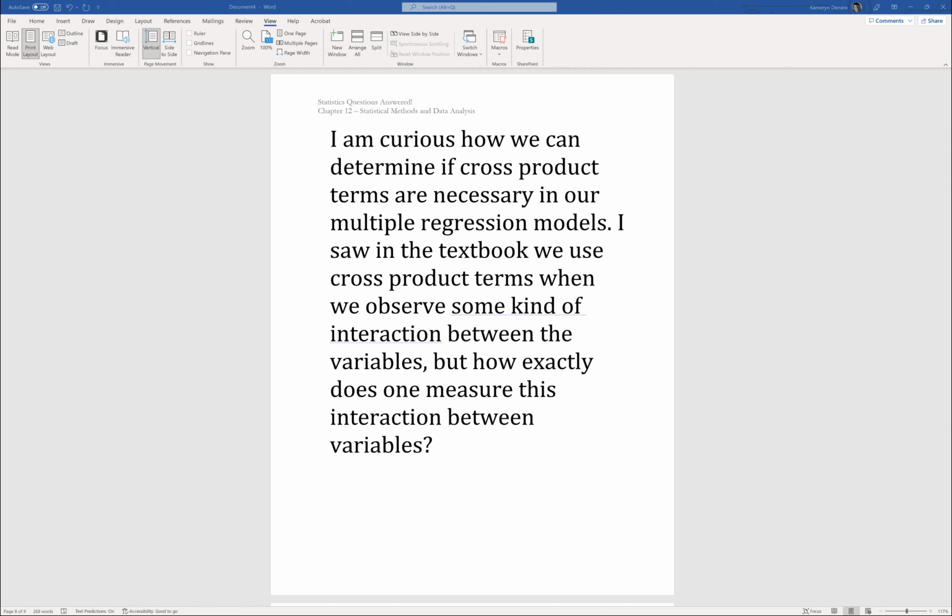And by definition, you fit those two models, you have a partial F test that you can carry out, and you can see if those interaction terms are significant taken together or not. So using a partial F test will be the way to go when you add these interaction terms in.